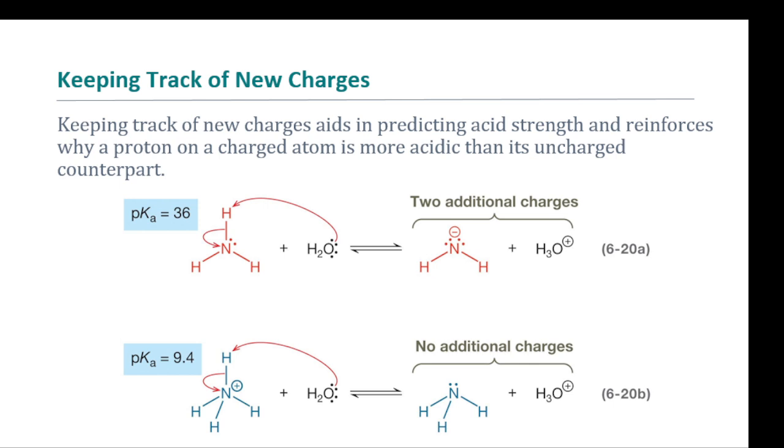Okay, let's keep track of some charges. Now, when we do these reactions with acids and bases, we need to be very careful of tracking the charge differences. If you lose an H+, what is that going to do to the thing that lost the H+? Always going to end up with a negative charge and a pair of electrons, right?